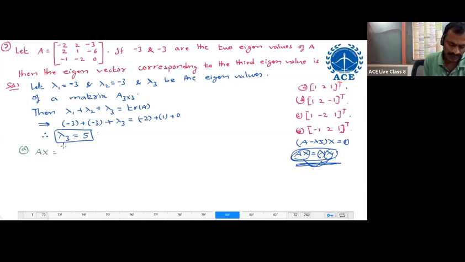Consider Ax. A is the matrix with rows minus 2, 2, minus 3; 2, 1, minus 6; minus 1, minus 2, 0, multiplied by x. Here x from the first option is 1, 2, 1. The matrix is 3 by 3 and the vector is 3 by 1, so the output is 3 by 1.